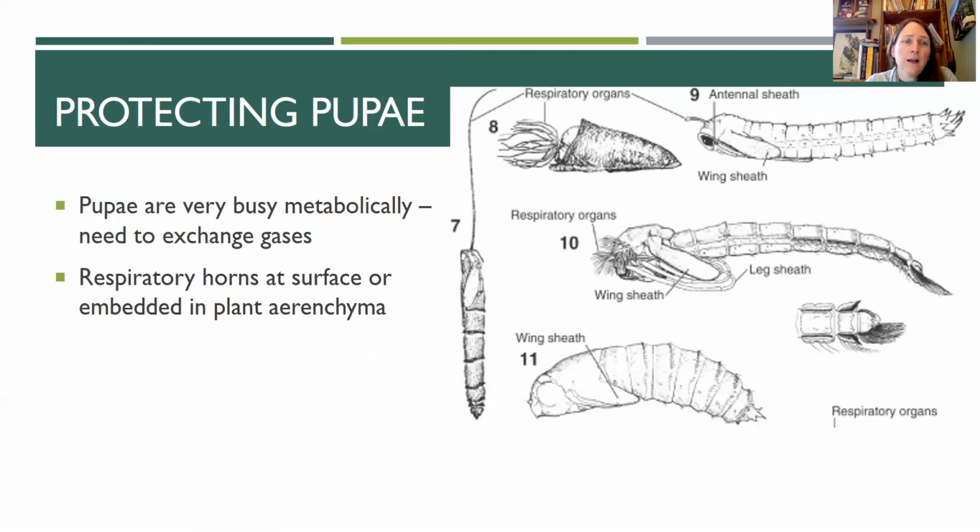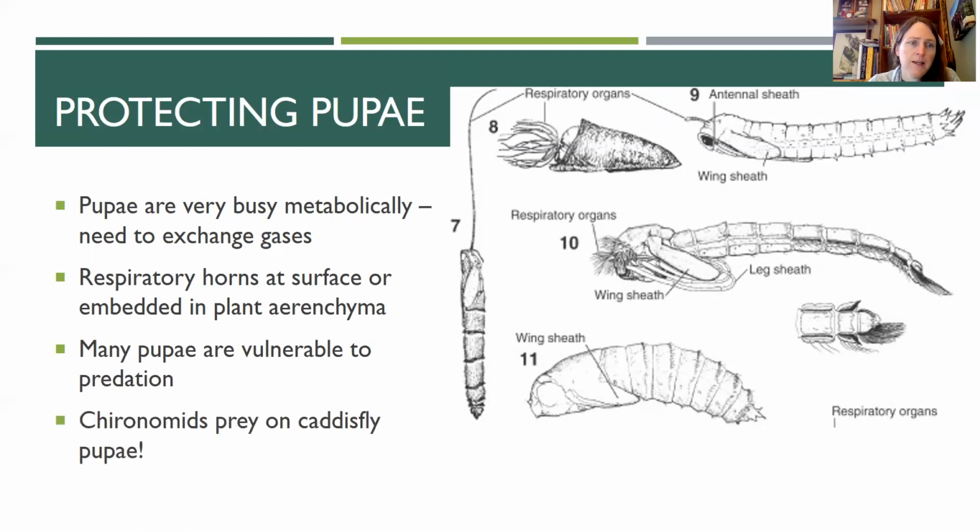Some of them might have to move up to the surface to get oxygen. Some might actually embed their respiratory horns into a plant like a macrophyte to access air inside the plant through its parenchyma. And many pupae, because they can't move very well, are vulnerable to predation. And so in particular, chironomids will prey on caddisfly pupa because they can't move.